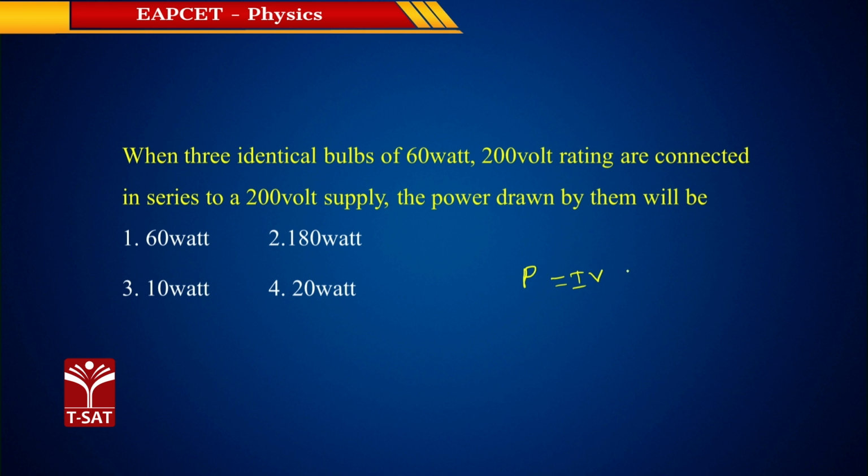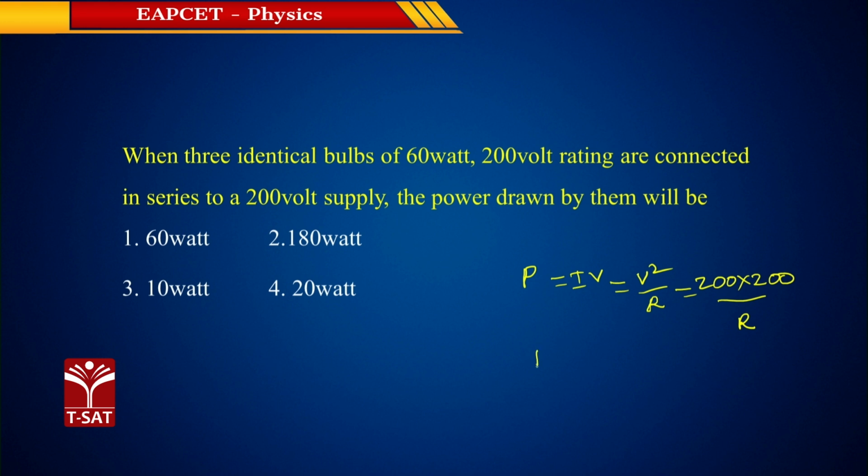Okay, and also V square by R. This is also V square by R. Okay, here you substitute V is equal to how much? 200 into 200 by R. Okay, and bulb power, what is the formula?